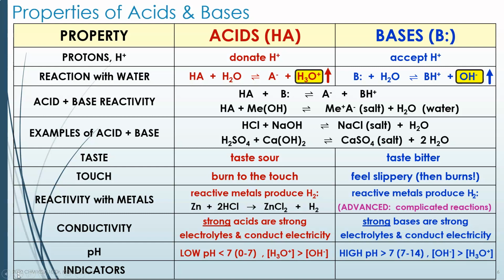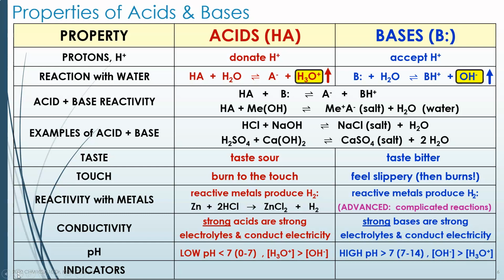Alkaline is another term. An acidic solution means there are lots of protons produced, which means there's a lot of hydronium ions, much more than the hydroxide ions that might be in the water. Whereas in a base solution, shown in blue here, the hydroxide ion concentration is increased, and it's much greater than the hydronium ion.